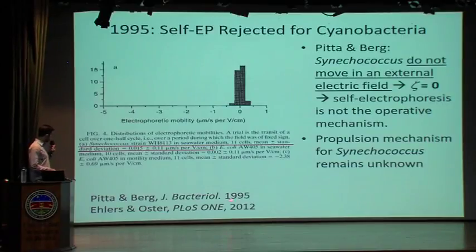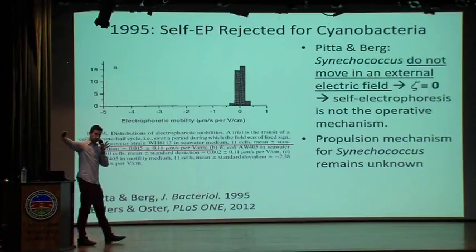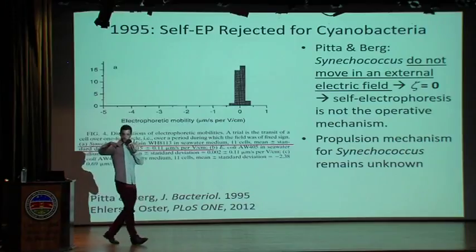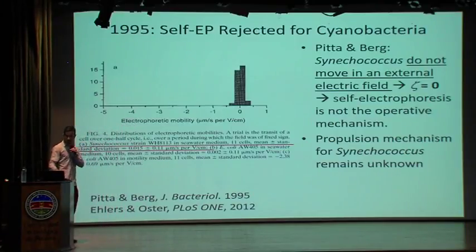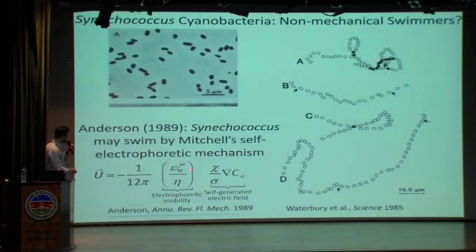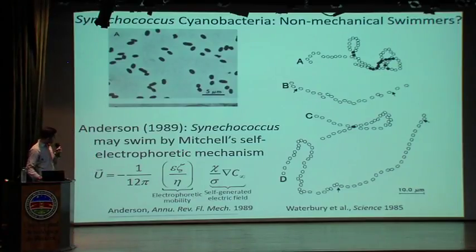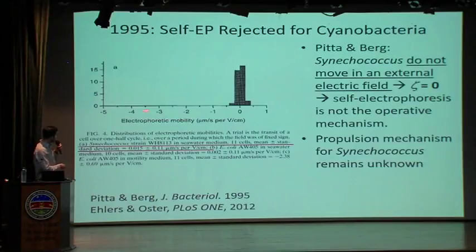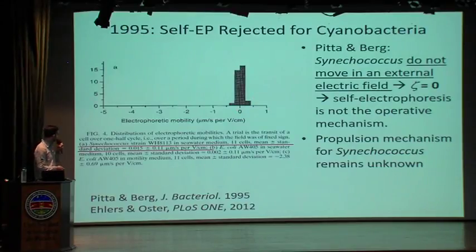However, a few years later, Pitta and Berg applied an electric field to a suspension of the swimming bacteria. Remember that for electrophoresis, or self-electrophoresis, to occur, you need a surface charge. The bacteria need to be charged. What they did was measure the electrophoretic mobility, essentially the zeta potential, and they found that it was about 0 for these bacteria.